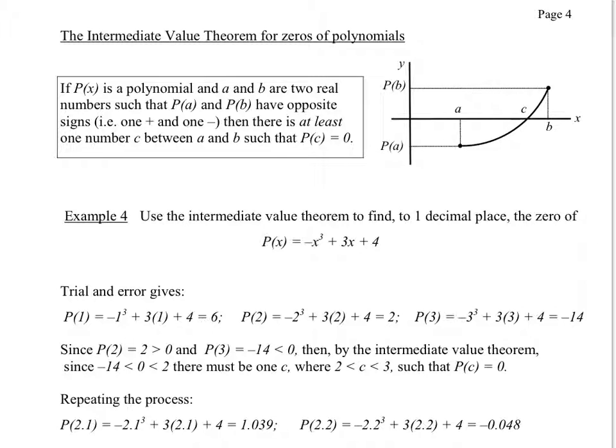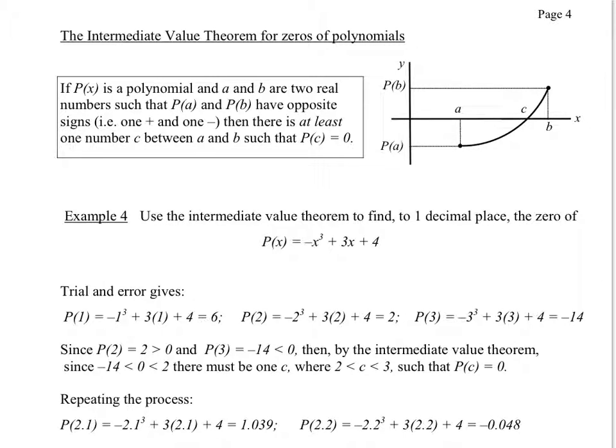So you go to second, you press calc, and then it's the function 0. You go to the left of the crossing point, you go to the right of the crossing point, and press enter, and it should give you the x-coordinate and the y-coordinate, which will be 0 of this point.